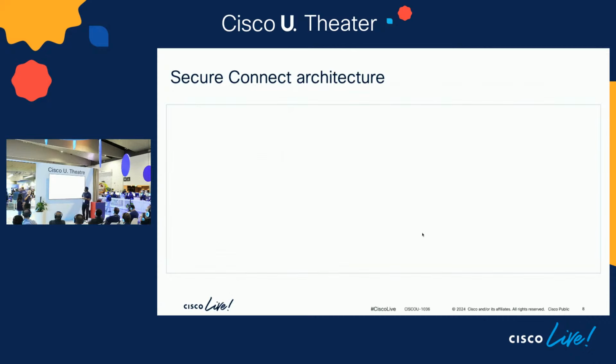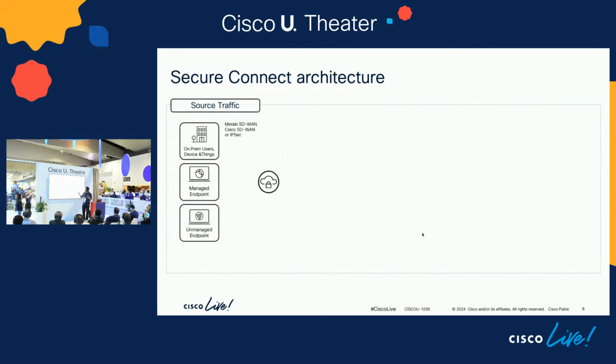A high-level overview of the architecture. On the left-hand side, we have different types of users and devices. On the top, we have the branch office. The branch office can have an SD-WAN edge appliance, which could be Meraki MX, Catalyst SD-WAN, or a third-party device. We then have managed endpoints, your corporate users who are working from everywhere.